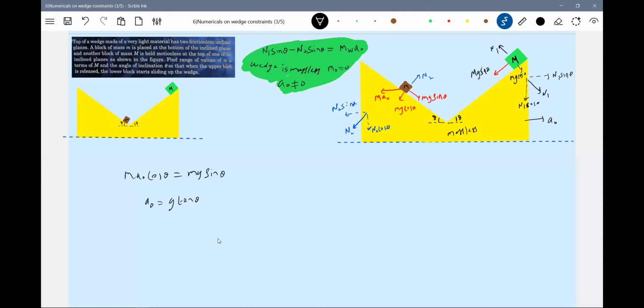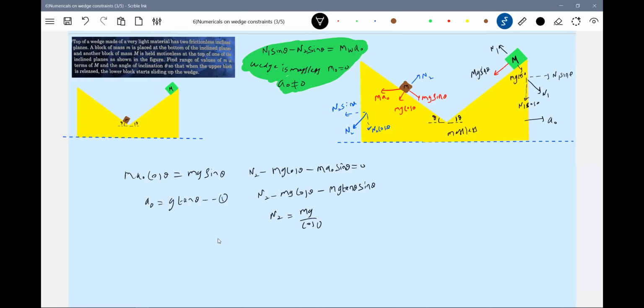And further, N2 minus mg cos theta minus M a naught sin theta equals 0. Solving this, a naught is g tan theta. I think you know all these are very standard things.